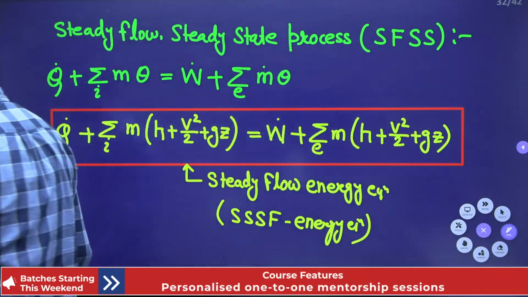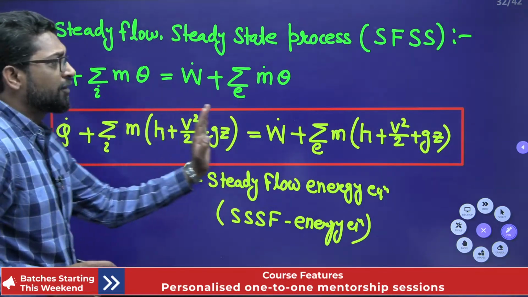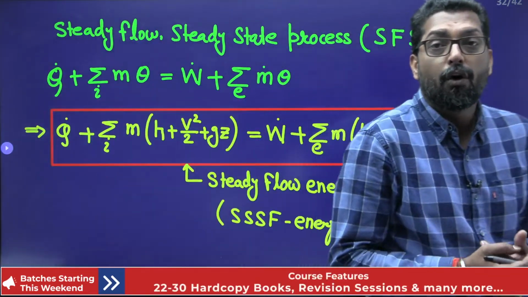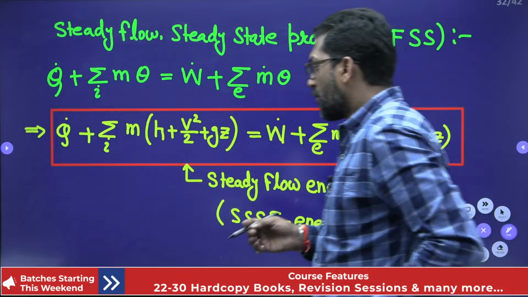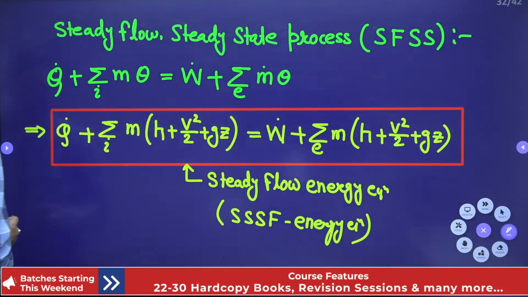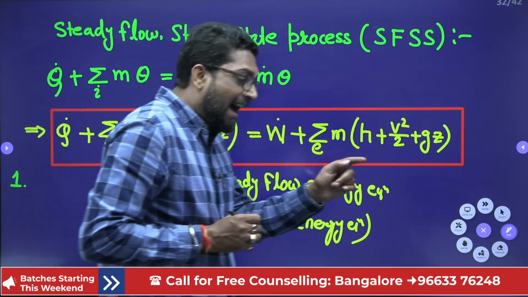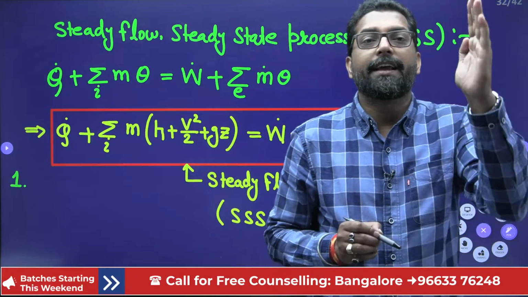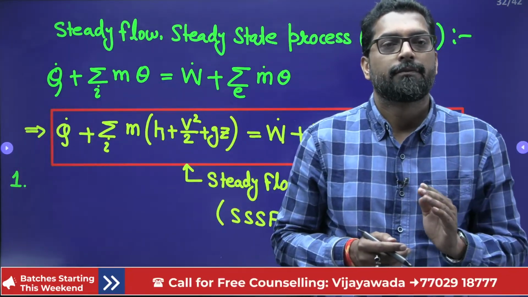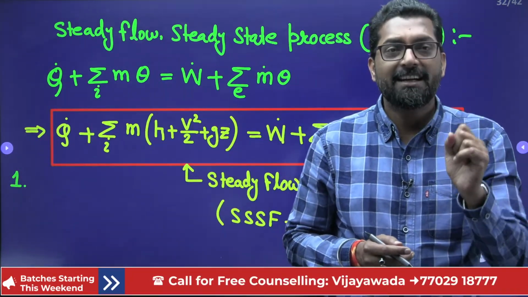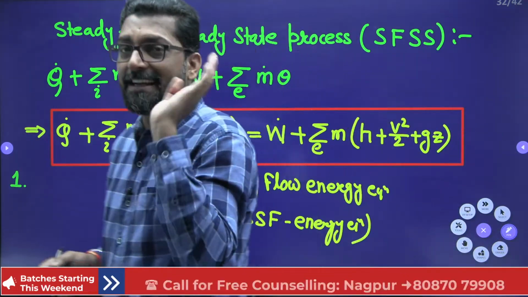Now what are the assumptions in this equation? We already did this. Number first, properties are uniform across each cross section, each flow section. Number second, flow is steady.